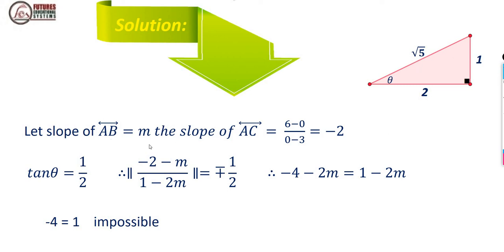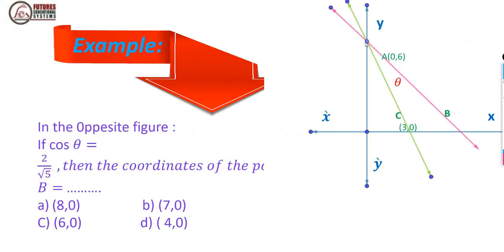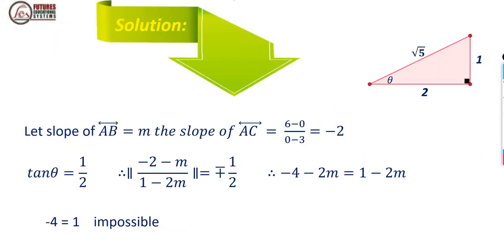We get the slope of AB and the slope of AC. So tan theta equals, by direct substitution in the rule for lines AB and AC, negative or positive half.